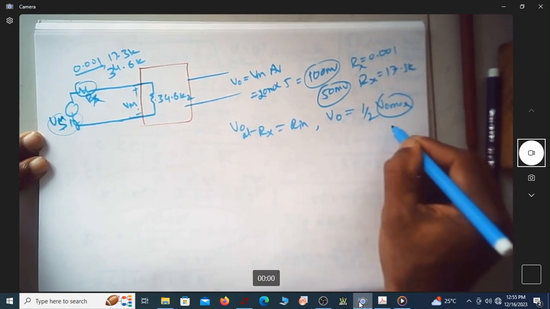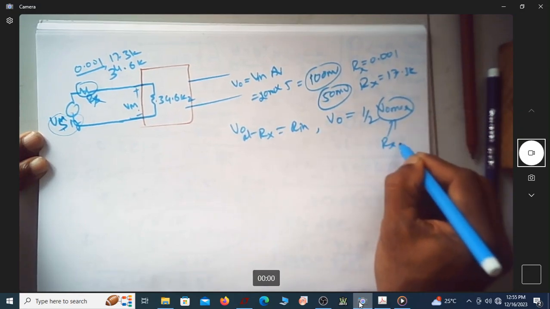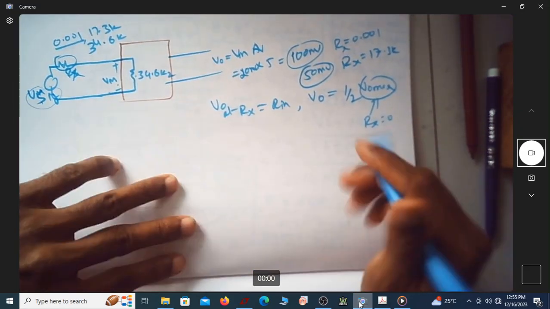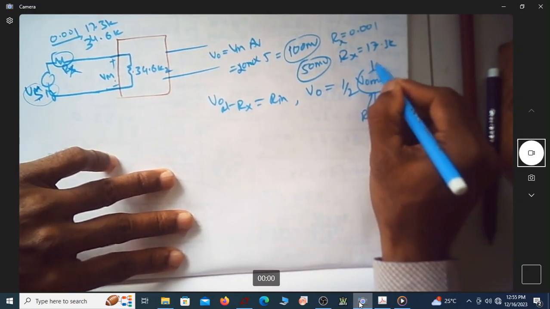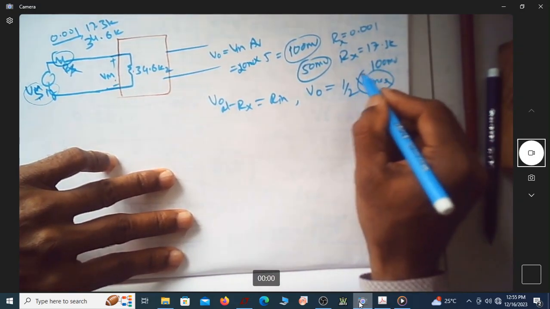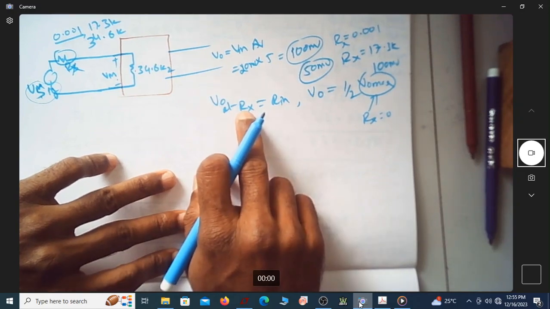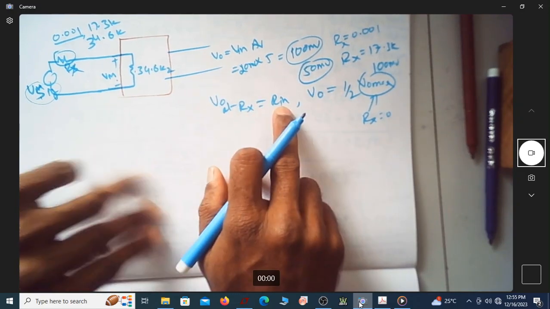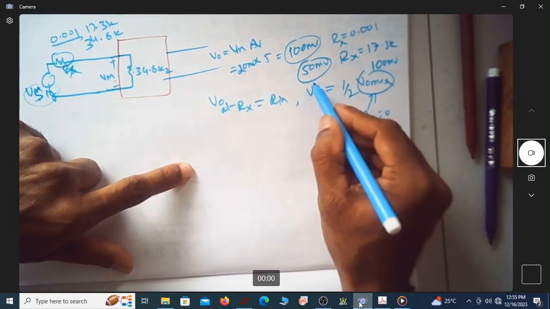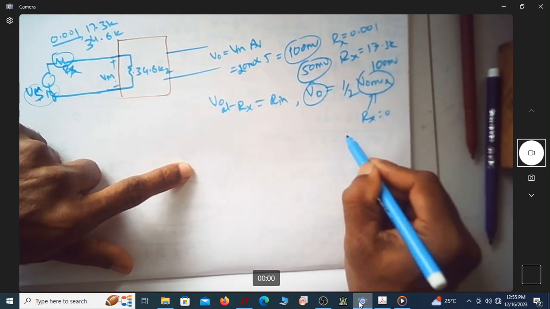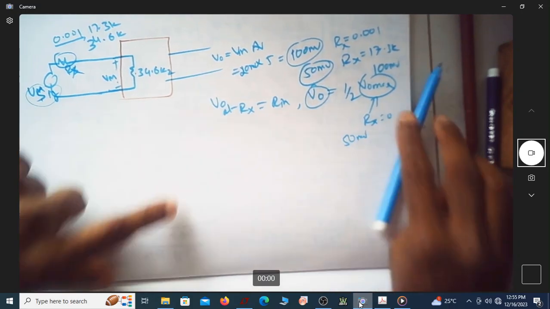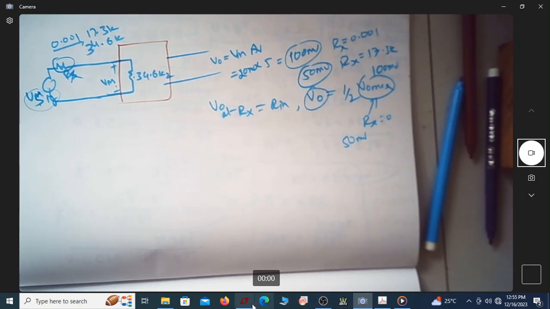What is this V0 max? V0 max is with Rx equal to almost 0. That was actually 100 millivolt. So when Rx is equal to Rin, that is 34.6 kilo ohm, I will get the output voltage as 50 millivolt. Let me see the same thing here.